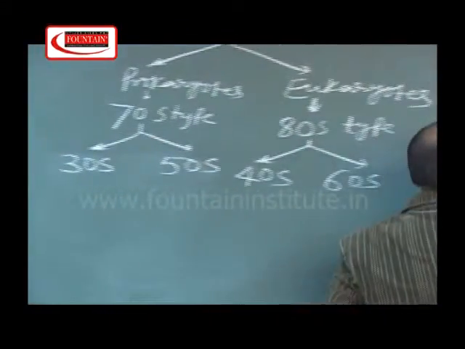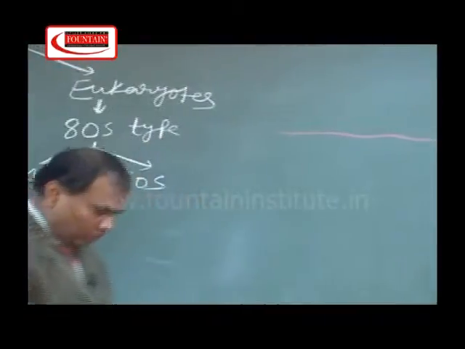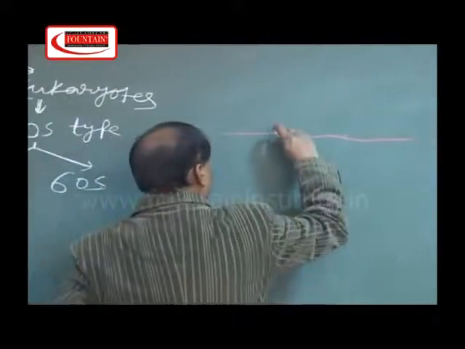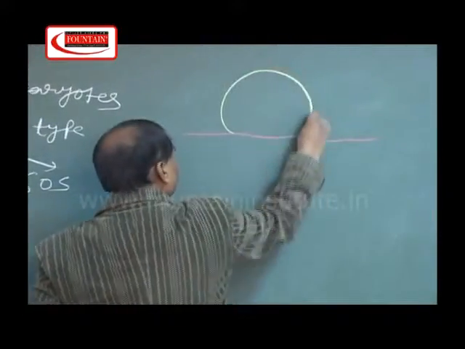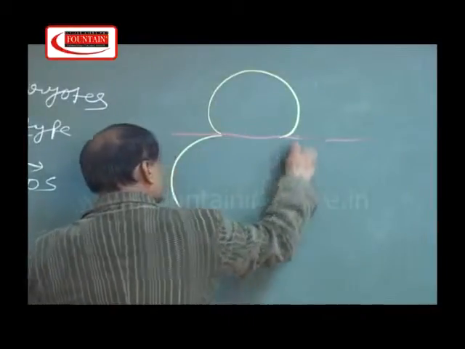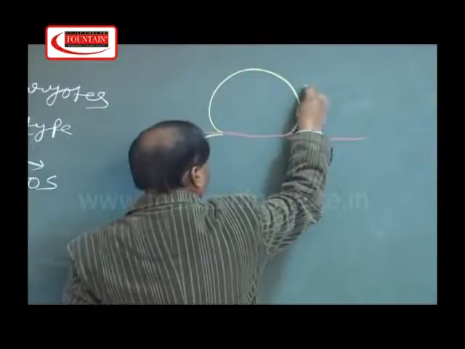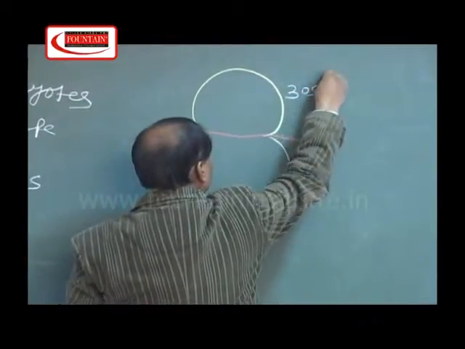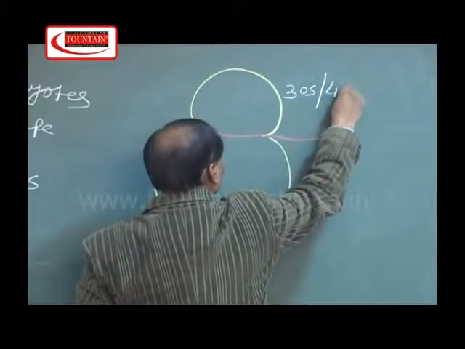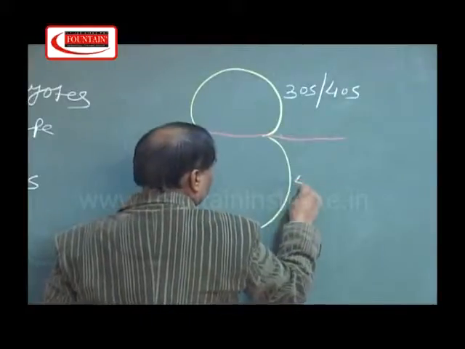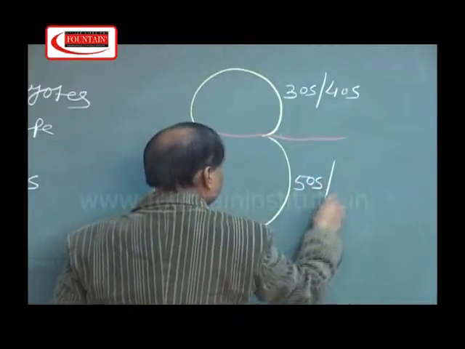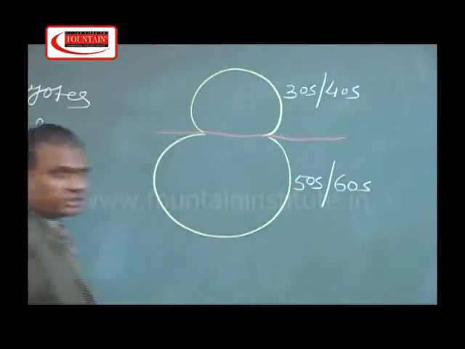Suppose this is the mRNA, and along this mRNA this is the smaller subunit and this is the larger subunit. The smaller subunit means, in prokaryotes it is 30S, in eukaryotes it is 40S; the larger subunit in prokaryotes is 50S, in eukaryotes it is 60S.